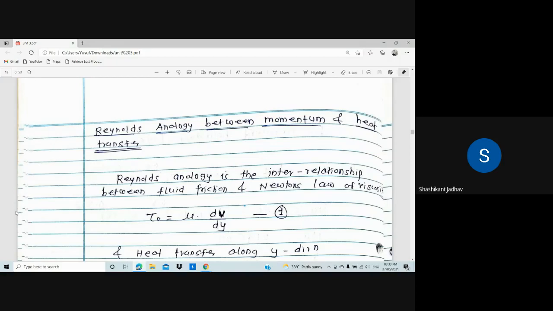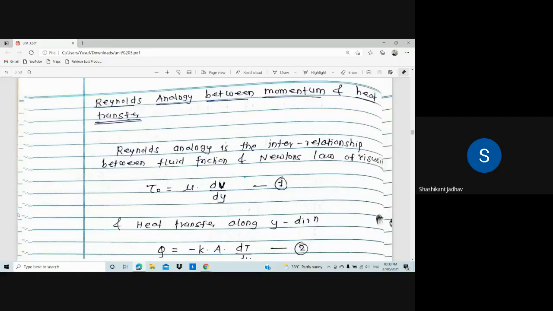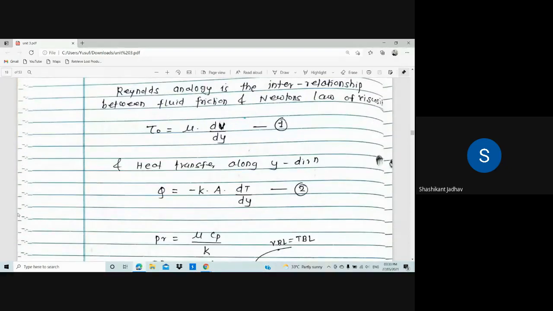Okay, so all of you write down the first equation related to Newton's law of viscosity, that is shear stress is directly proportional to the shear strain, that is tau is equal to mu into du by dy. Write down tau 0 is equal to mu into dv by dy.